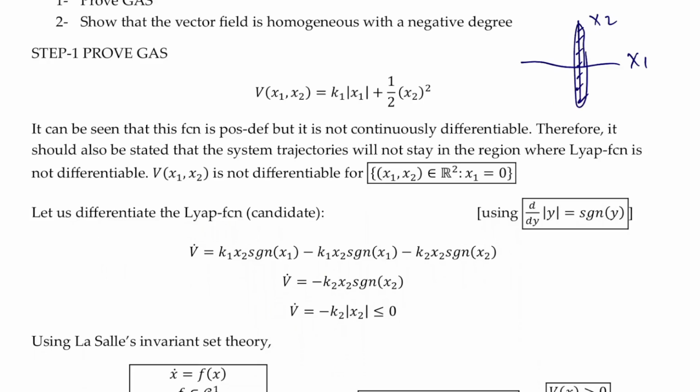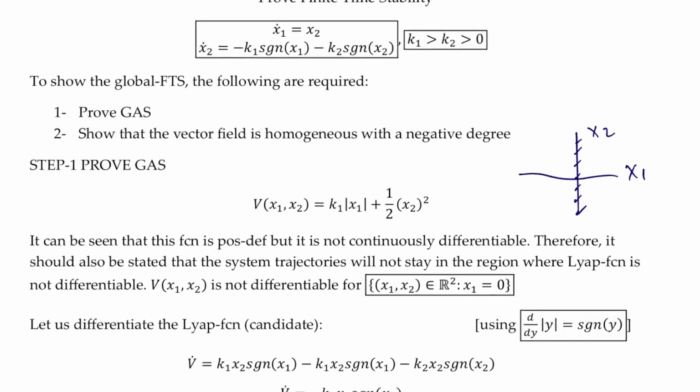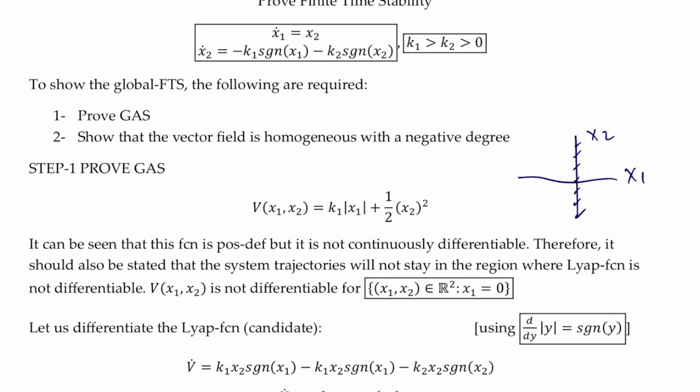We should be able to show that, due to the system characteristic, due to the dynamics that we have, whenever your trajectories enter this line, let's imagine it as a region, they exit that region. That is something that you should be aware of.